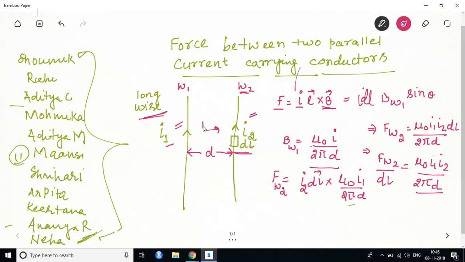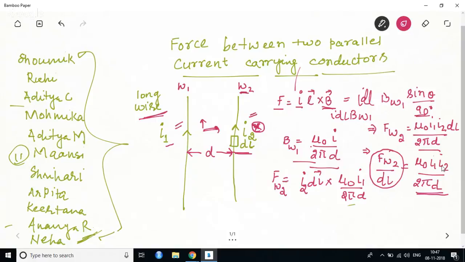Then the magnetic field would be going inside the plane on this particular wire, and the sine theta value would be 90 degrees. That is why I am not writing it. So it is I dl BW1, and BW1 I have already written here. So FW2 is mu naught I1 I2 dl divided by 2 pi d, and per unit length the force would be mu naught I1 I2 divided by 2 pi d.